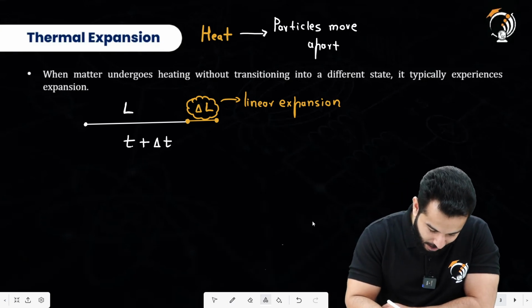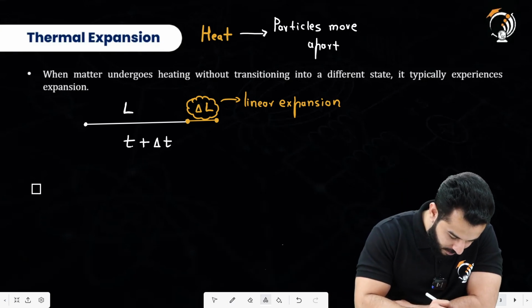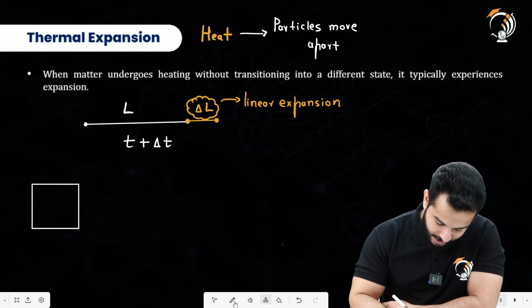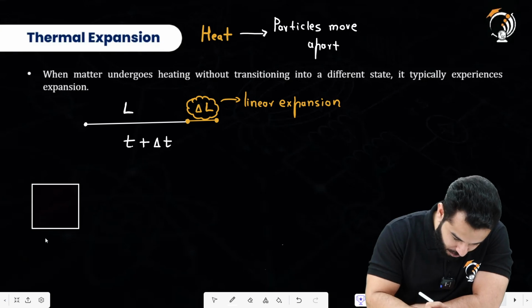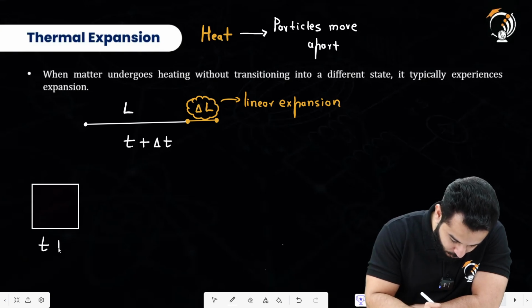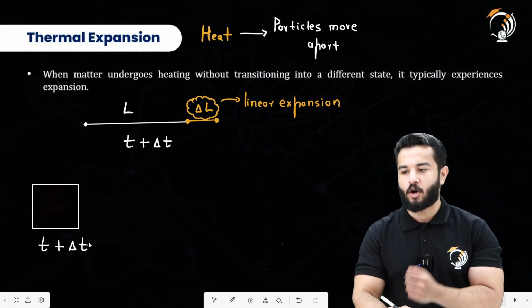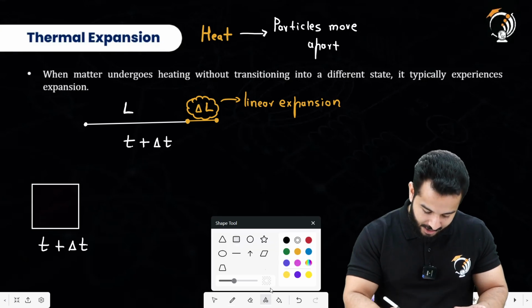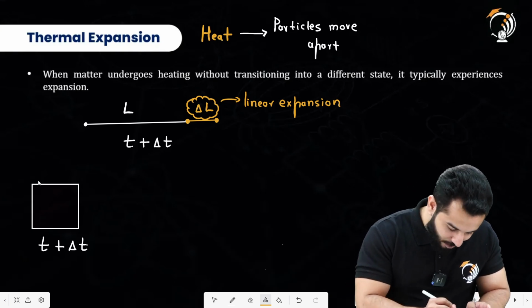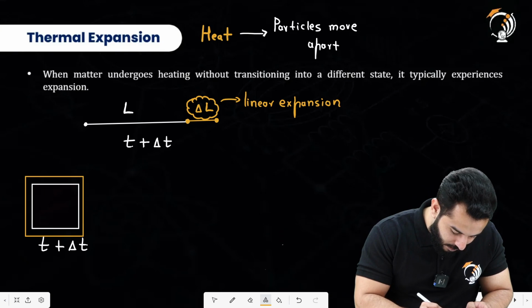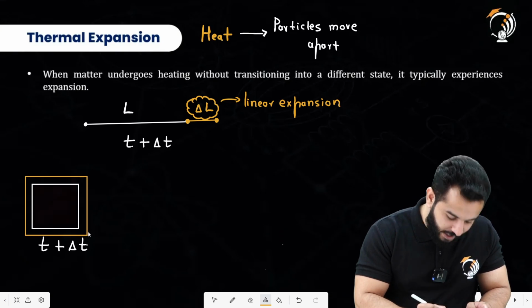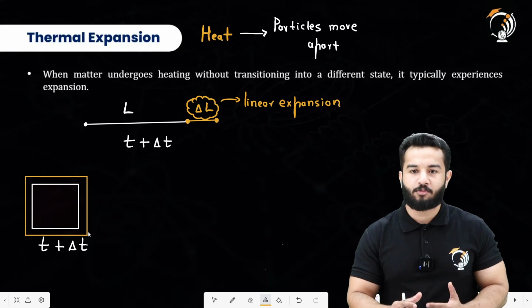So let's suppose that now we have a two-dimensional surface, something like this. Now, initially it is at temperature T and now we have increased its temperature by del T, that is a small change in temperature. Now the length of all the four edges will increase, so the new shape would look something like this.